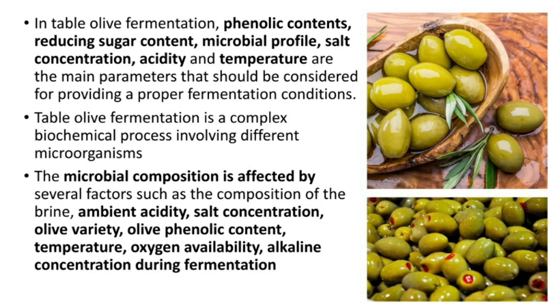Table olive fermentation is a complex biochemical process involving different microorganisms. The microbial composition is affected by several factors such as composition of the brine, ambient acidity, salt concentration, olive variety, olive phenolic content, temperature, oxygen availability, and alkaline concentration during the fermentation.